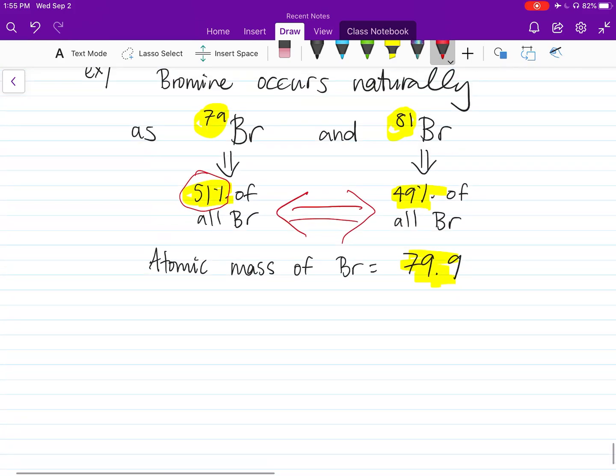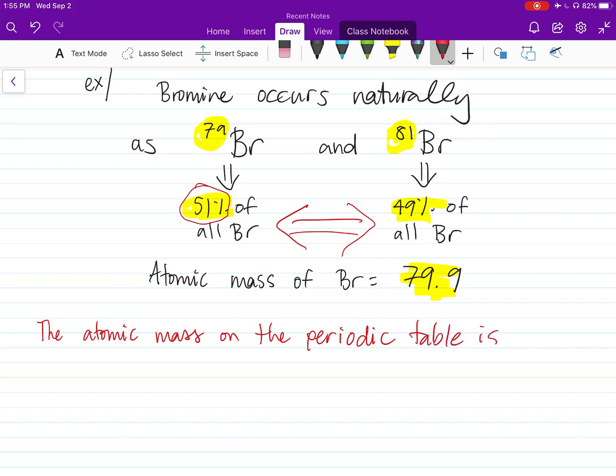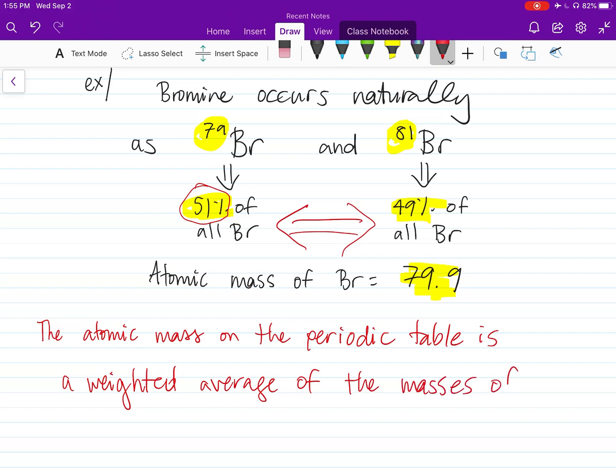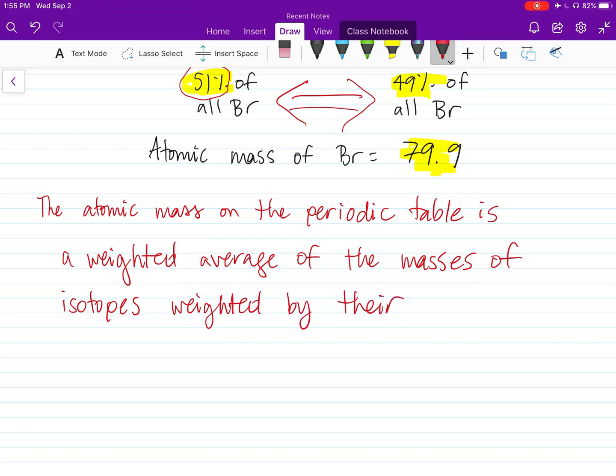So this is not only true for bromine, it's true for all elements that the atomic mass on the periodic table is a weighted average of the masses of the isotopes, weighted by their relative abundance in nature.